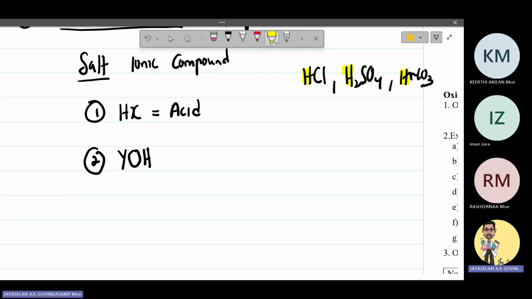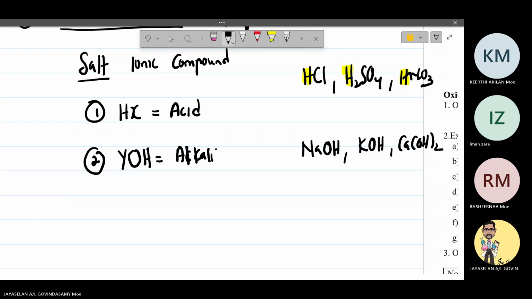Okay, acid. Now if behind there is OH, this is called alkali. Okay, alkali. Sodium hydroxide is alkali. Potassium hydroxide is alkali. Calcium hydroxide is alkali. Any question?